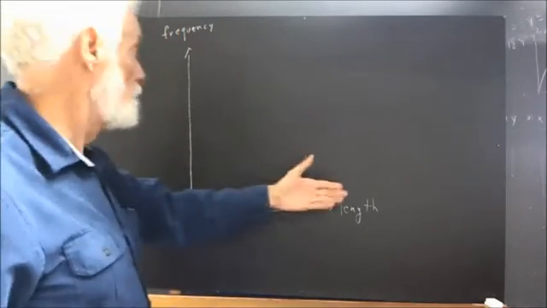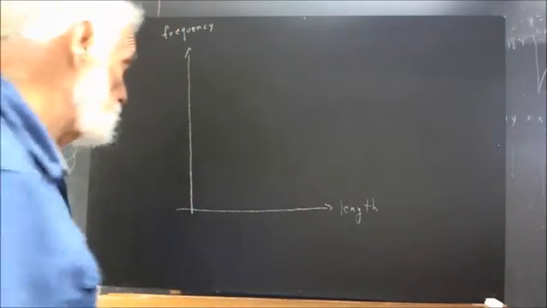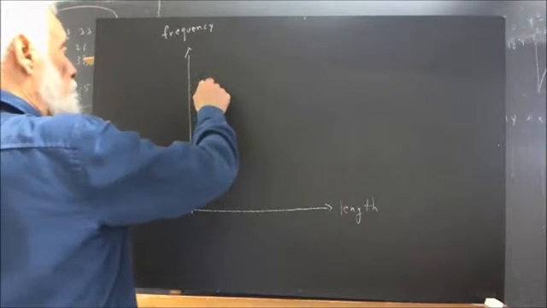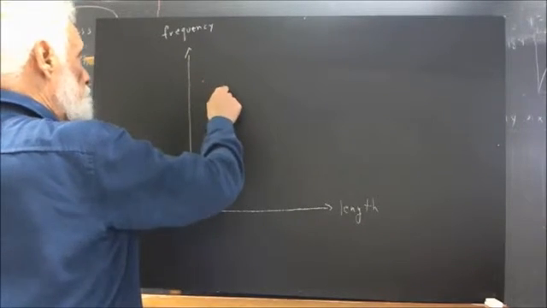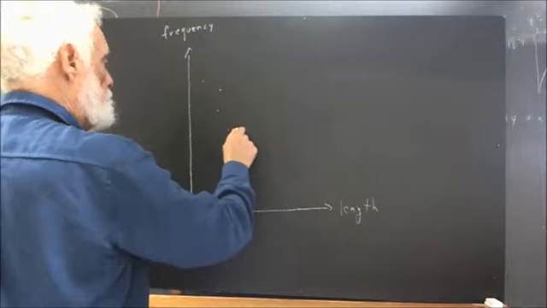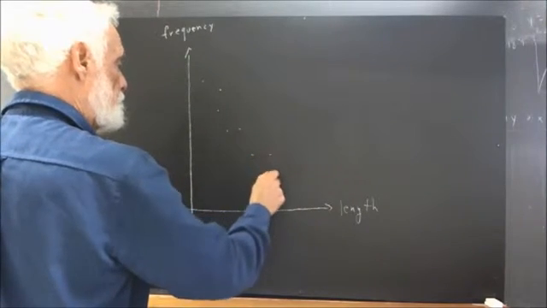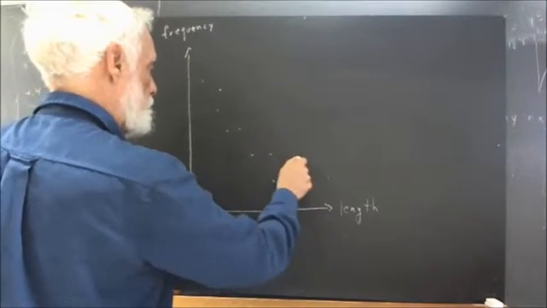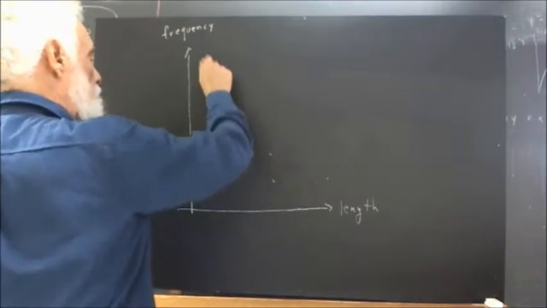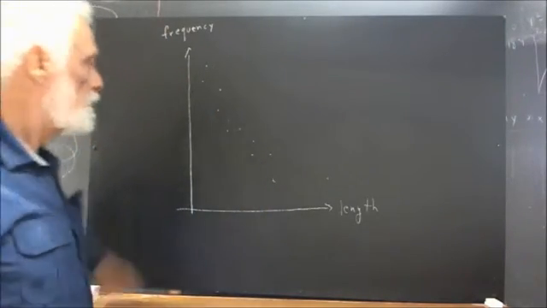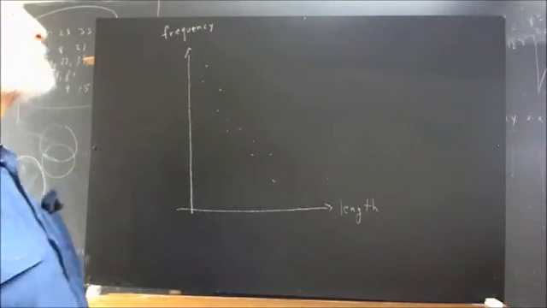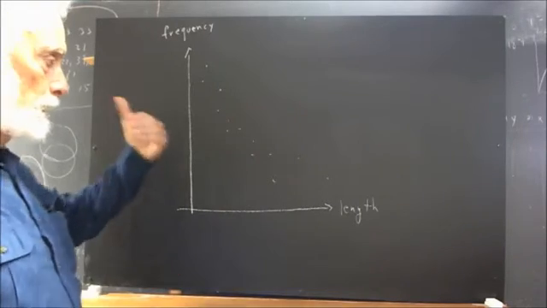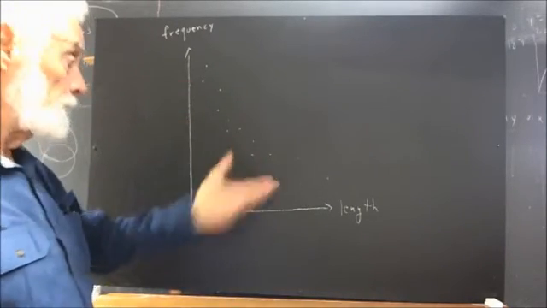Now, the longer the pendulum is, the less the frequency, and it turns out that your frequency versus length data might look something like this. Okay? That could be a frequency versus length curve. Now, probably not.